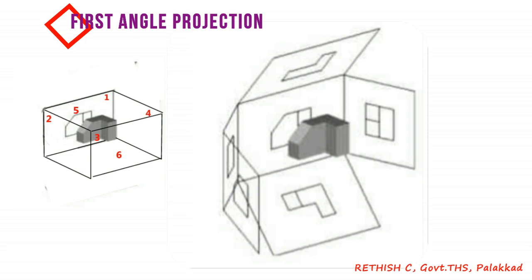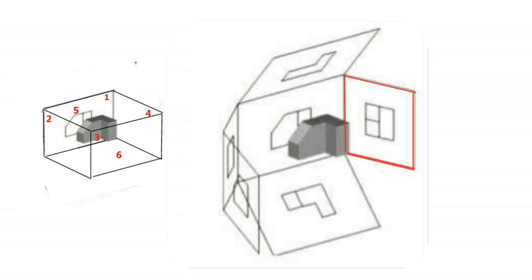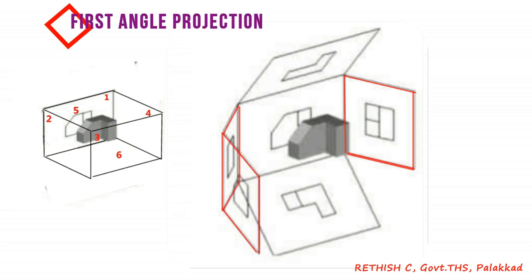Here we can try to open the box partially. Side 1 can be assumed to stay there itself and all other sides are going to be opened. First we open the right side towards right, then left and front side can be opened towards left.